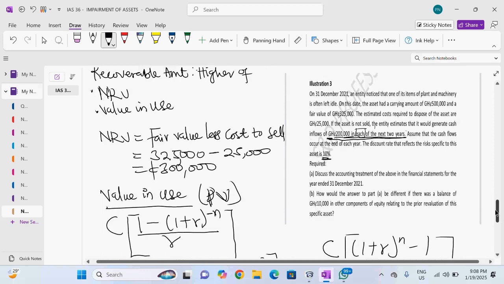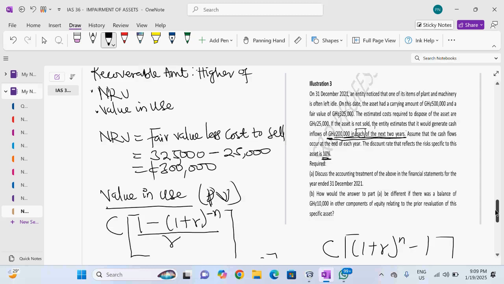We have to discount it to the present value formula. If you are given a discount rate and cash flows, you have to discount them. Value in use is actually interested in present value. So they will give you cash flows, even just one cash flow, or more than one: inflows and then outflows.